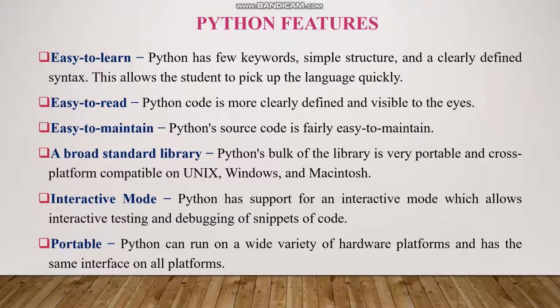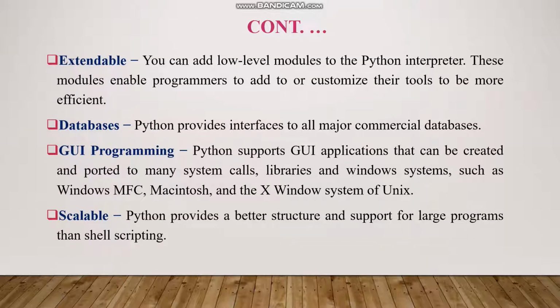Portable. Python can run on a wide variety of hardware platforms and has the same interface on all platforms. Extendable. You can add low-level modules to the Python interpreter. These modules enable programmers to add to or customize their tools to be more efficient. Databases. Python provides interfaces to all major commercial databases.